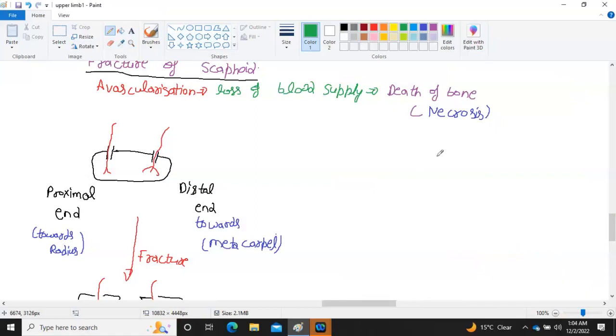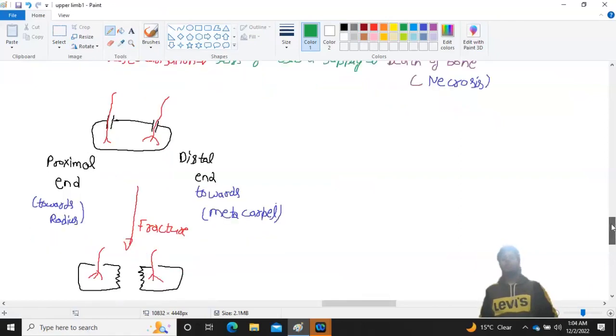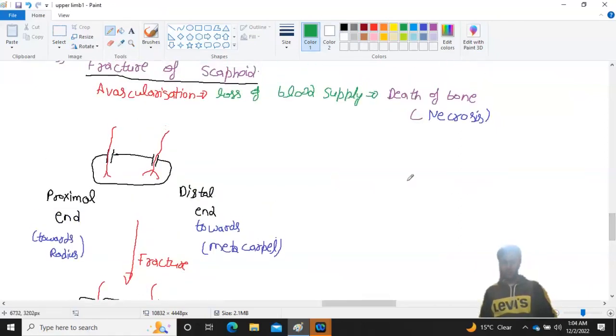So if any fracture occurs, there is necrosis. Let's say this is the bone.